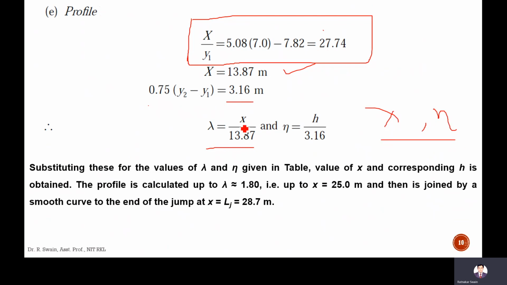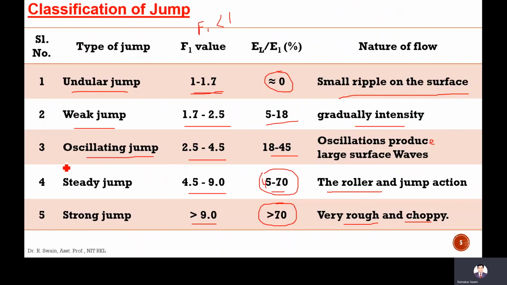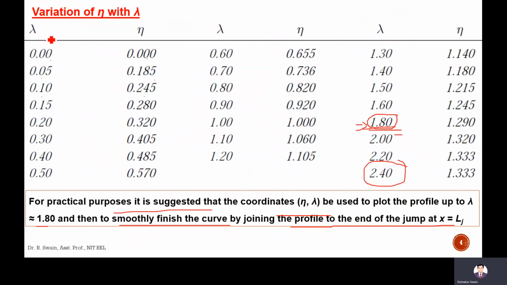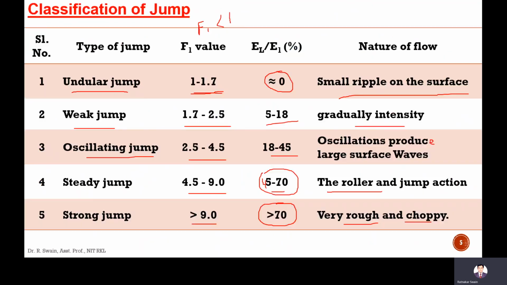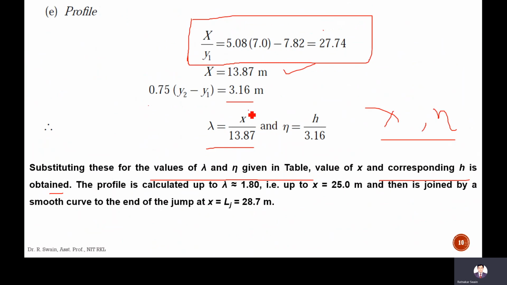Okay, so it is expressed in terms of small x and h. Substituting the values of lambda and eta given in the table, the value of small x and the corresponding h is obtained. For different lambda values and corresponding eta values, the small x and h values are determined.